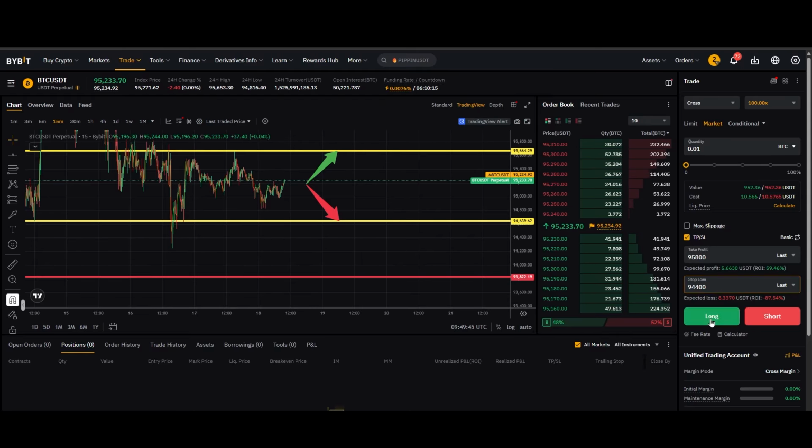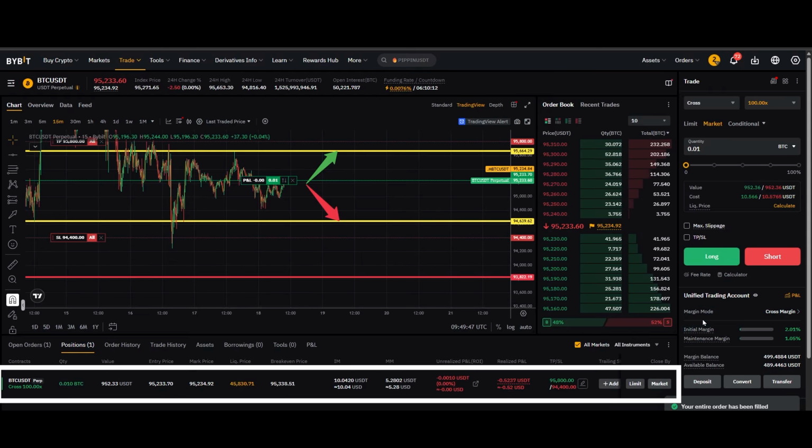Once a position is open, you'll see information at the bottom. Entry price, current price, unrealized P&L, liquidation price. Starting slightly negative is normal. That's the fee. And remember, I already showed you how to reduce that.